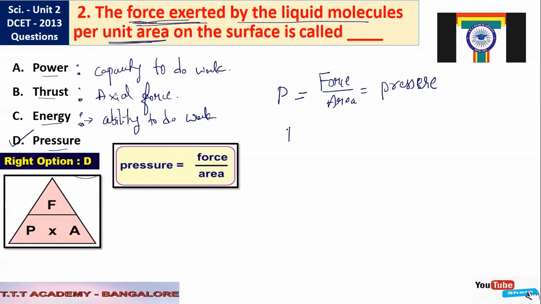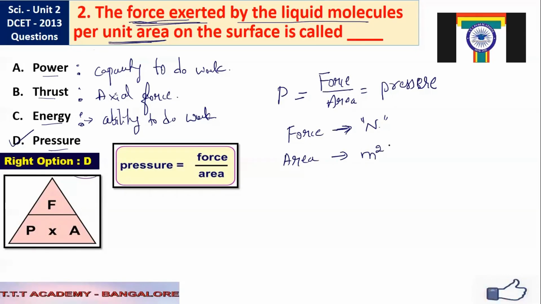Therefore, the force is usually denoted by the unit Newton, and the area we measure in meter square, millimeter square, or centimeter square. I mean, the square of the unit.